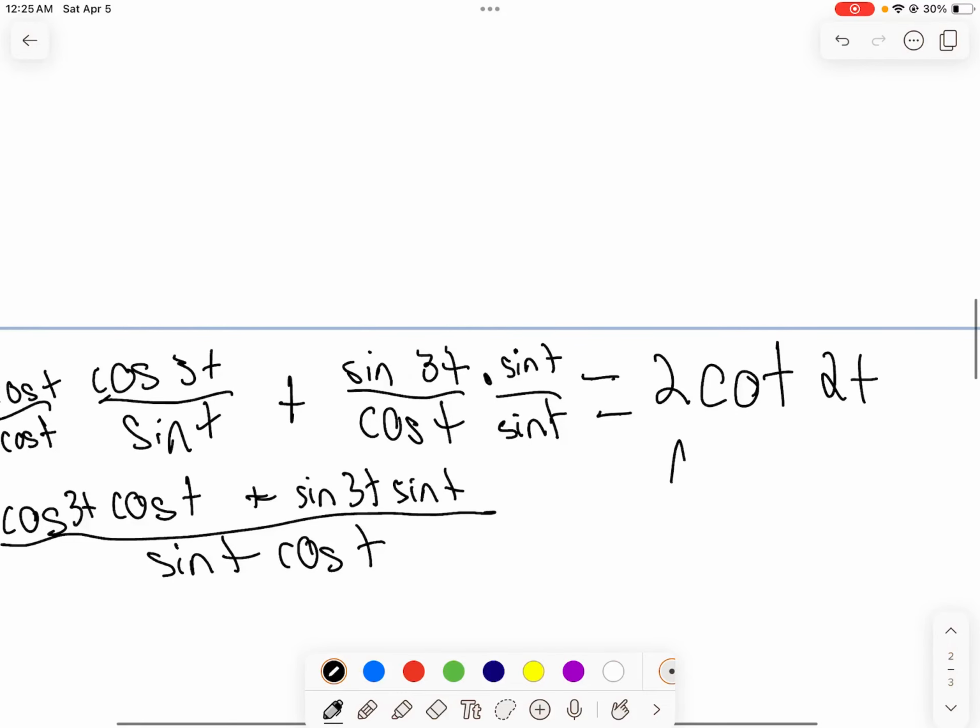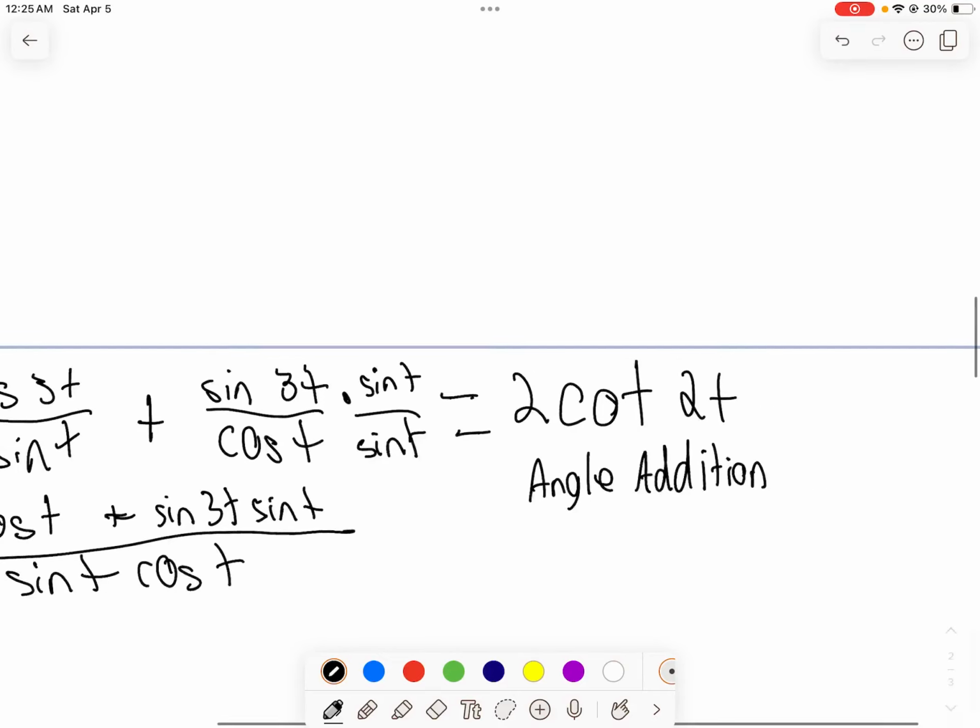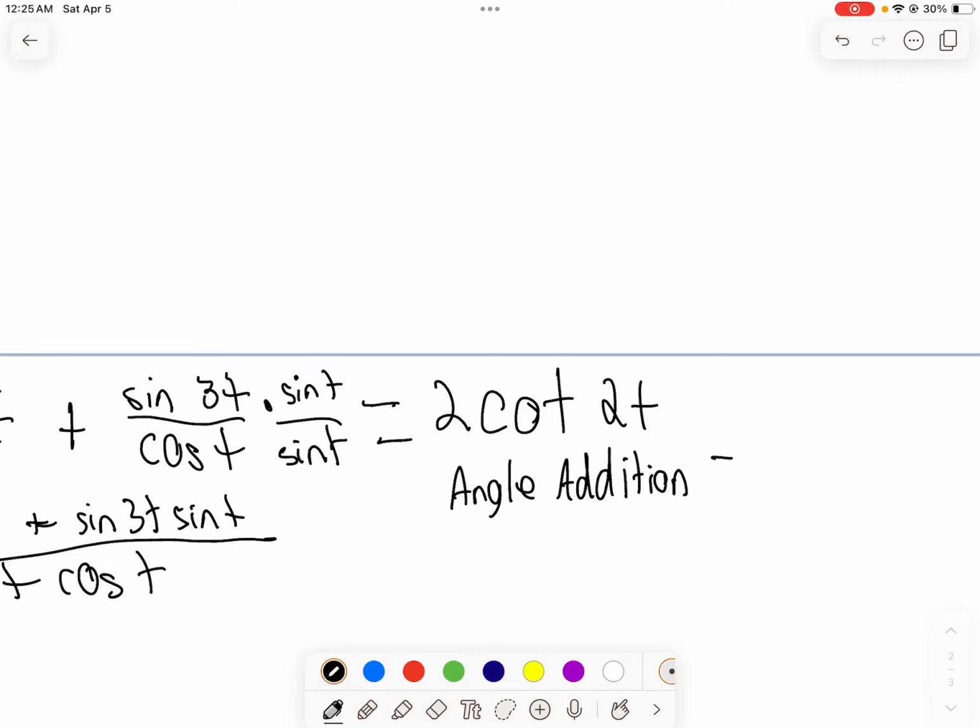Now we get to use the angle addition identity. There's a whole bunch, but we're just going to use one. It states you have cosine of some angle. For this example, I'll just say alpha because that's what Wikipedia said I should use.